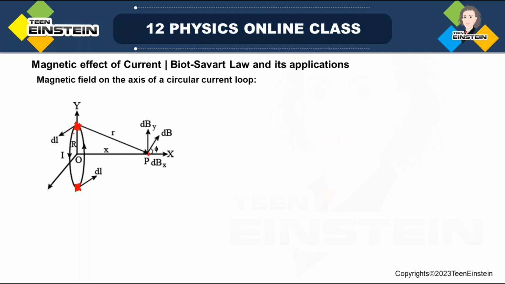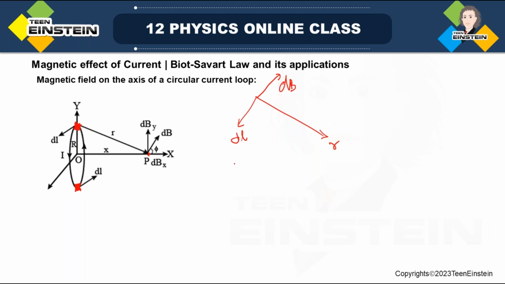Now if we see the direction, your dl is in this direction and r is in this direction. So along which direction will the magnetic field be? The magnetic field will be something like this. So this will be the direction of the magnetic field line.